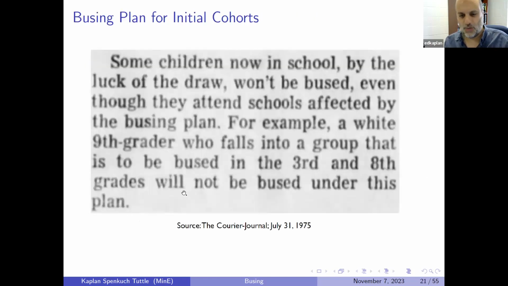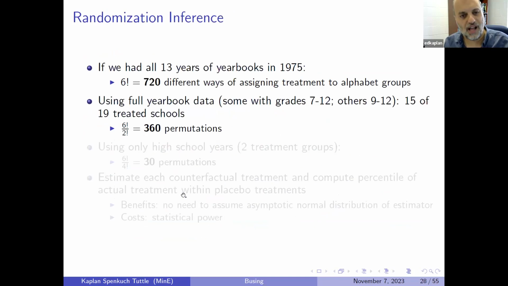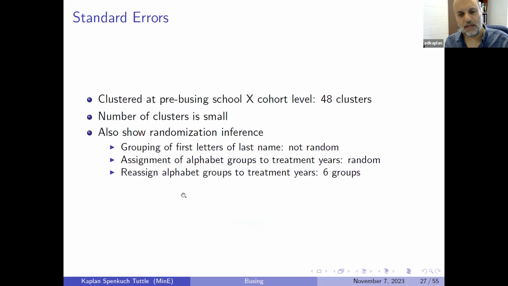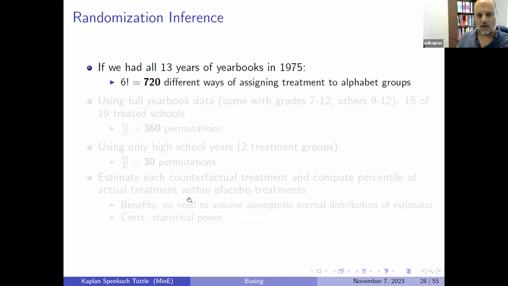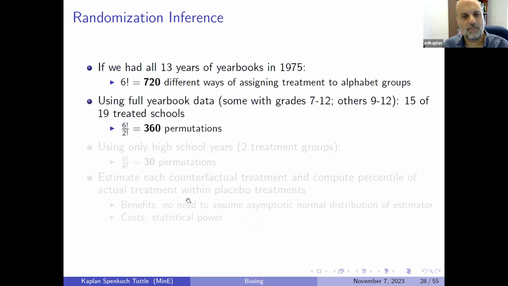We think that is random. And so we're going to reassign alphabet groups to treatment years. There are 6 alphabet groups, and therefore 6 different constellations of treatment years. So that means there are 720 different ways of assigning treatment to alphabet groups, but not all of them lead to differences in actual busing.